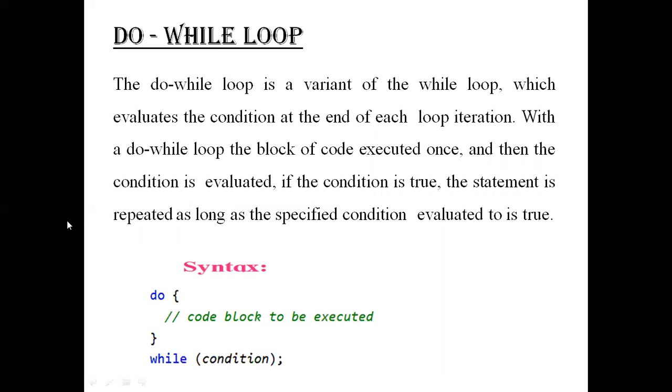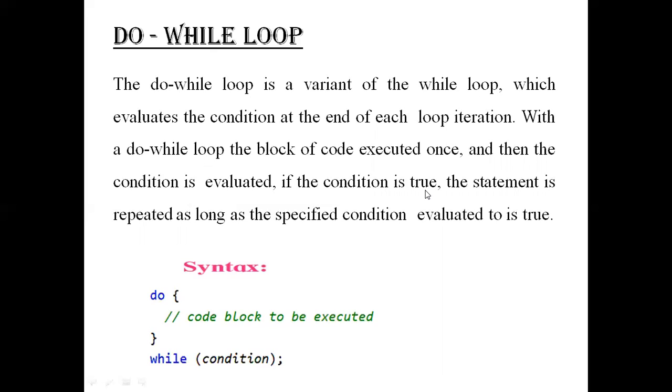Okay. So here, the do while loop is a variant of the while loop which evaluates the condition at the end of each loop iteration. With a do while loop, the block of code is executed once, then the condition is evaluated.